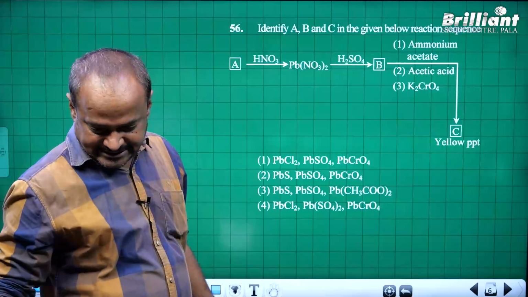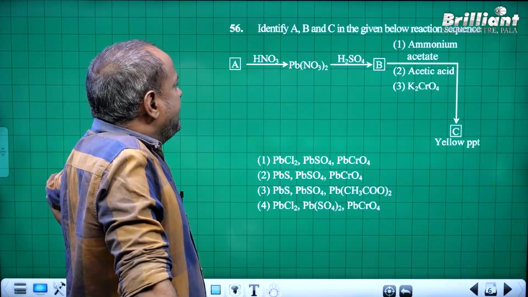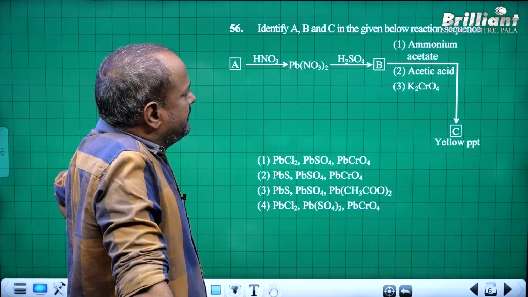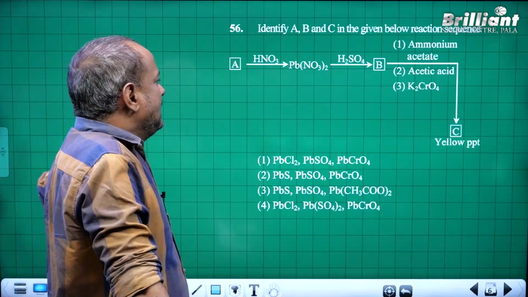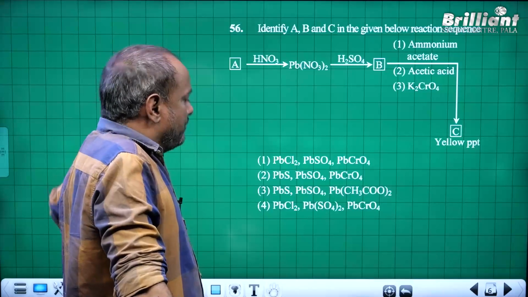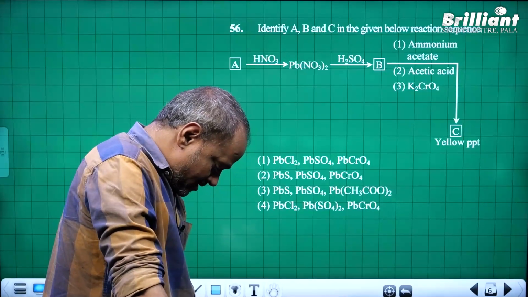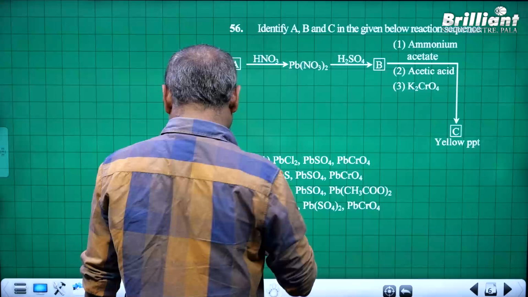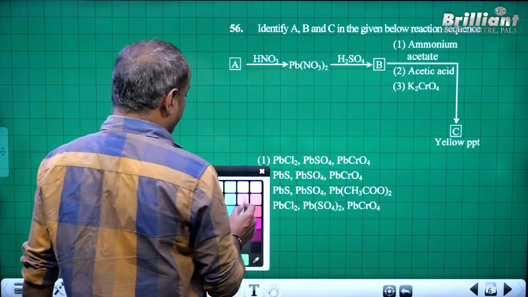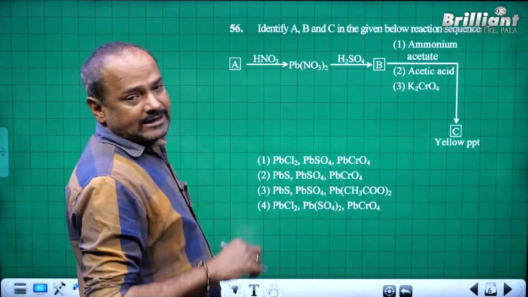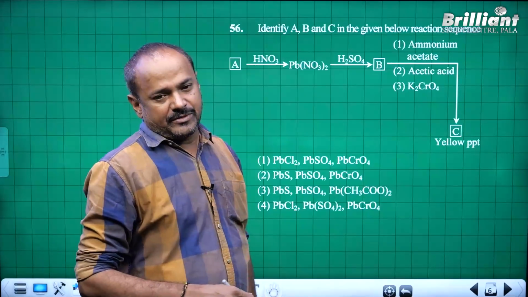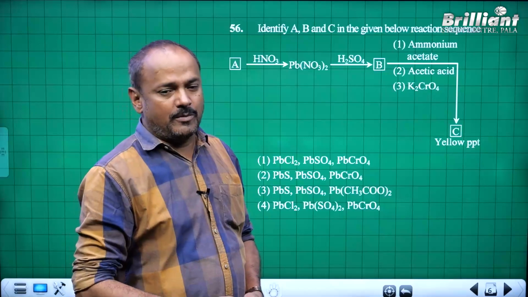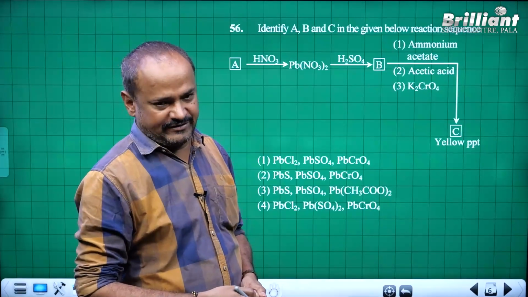Next one, 56th one, identify A, B, C in the sequence of below reaction. A, HNO3, lead nitrate, B, sulfuric acid. So first one, lead compound. In group 2 analysis, on passing H2S gas, we get black PPT of copper sulfide or lead sulfide.